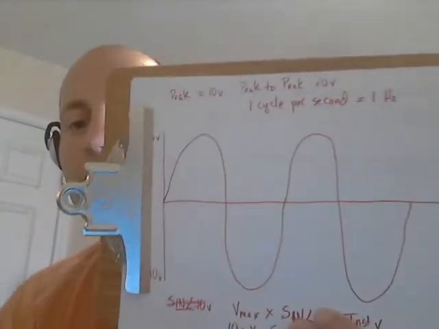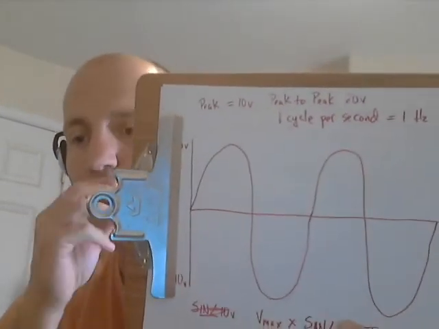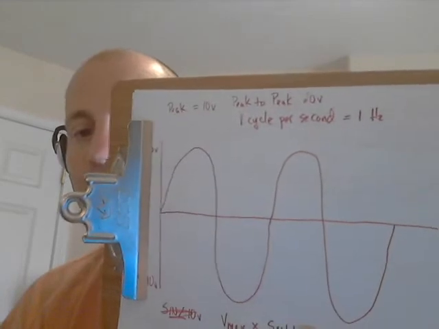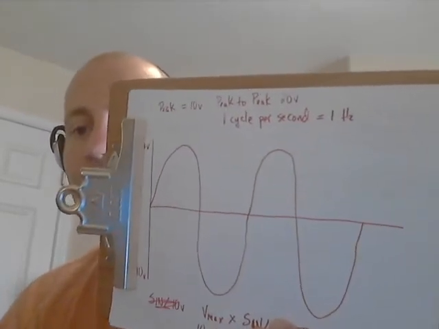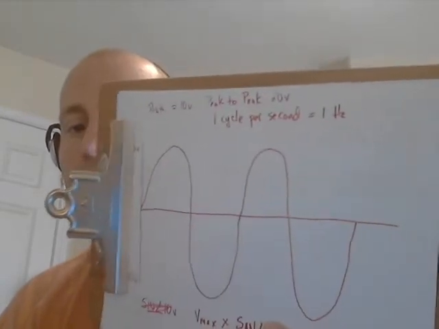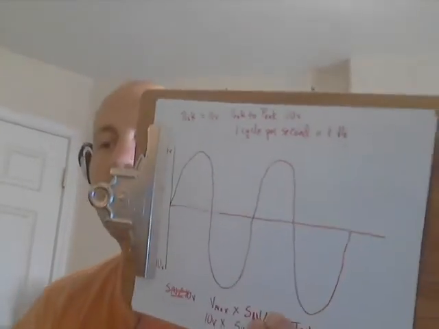And then if our generator was capable of doing that twice per second, then it would have a frequency of 2 cycles per second, or also referred to as 2 hertz. Okay, if you have a generator or any type of signal that's able to change polarities 60 times per second, then it would have a frequency of 60 cycles per second, or you could also represent that with the designation of 60 hertz.